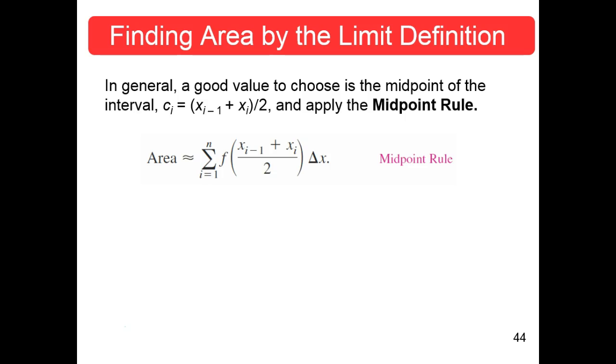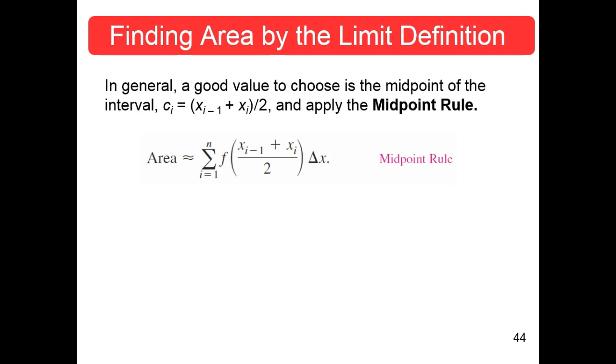That's the midpoint rule. Okay? And this is the way we do that. The area is approximately that. It really doesn't matter. Actually, any c sub i will work. This one will work better or faster than the others, but any of them will work.